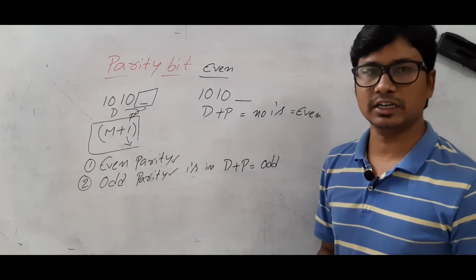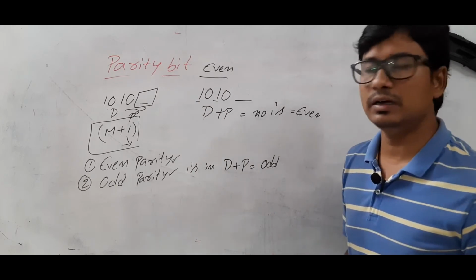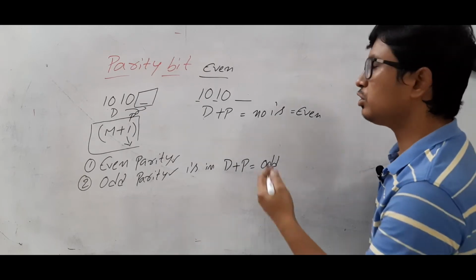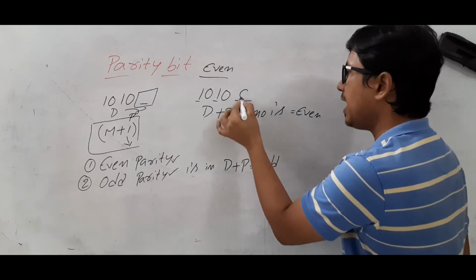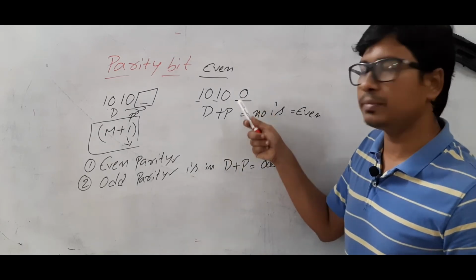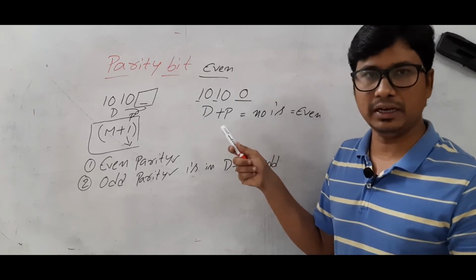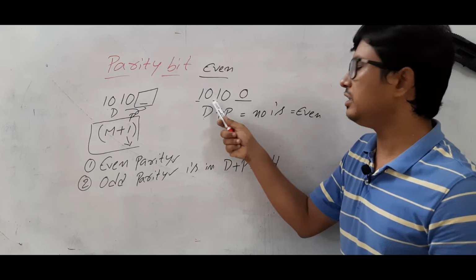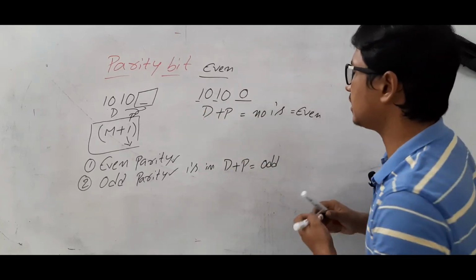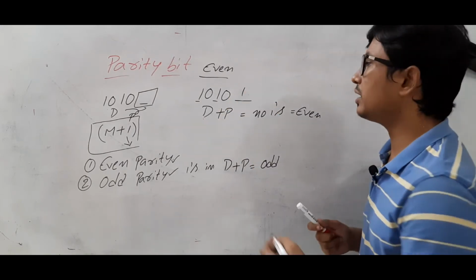Suppose for this one I want to generate a parity bit for the even parity generator mechanism. Now if you see how many ones are already there in the data, 2 ones are there, so it is already even. If you want to make it completely even, if you add a 0, it will be even. Because the parity bit also is either 0 or 1, am I right or wrong? So if the data already consists of an even number of ones, and you add another 1 here, then what will happen?